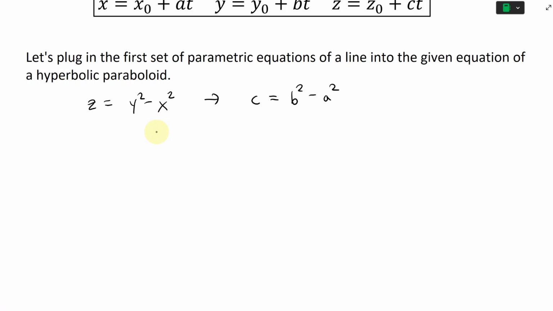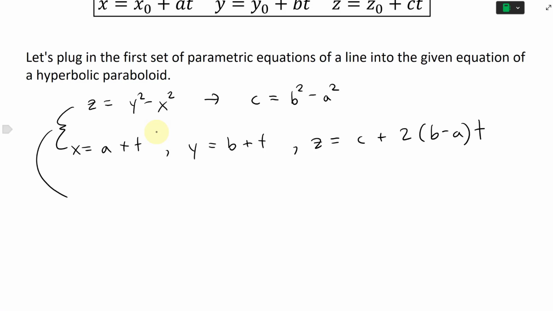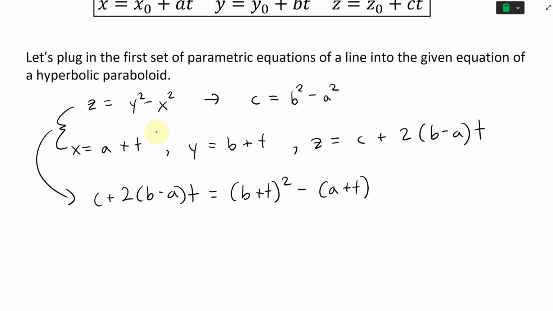Alright, so now let's get our line. Our line is x equals a plus t, y equals b plus t, and z equals c plus 2 times b minus a times t. So now let's put these in together. We get z, which is c plus 2 times b minus a times t, equals y first, so b plus t squared, minus x, which is a plus t squared.